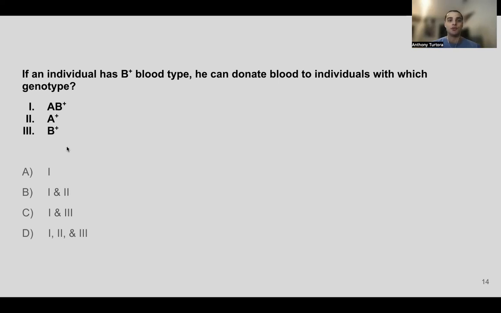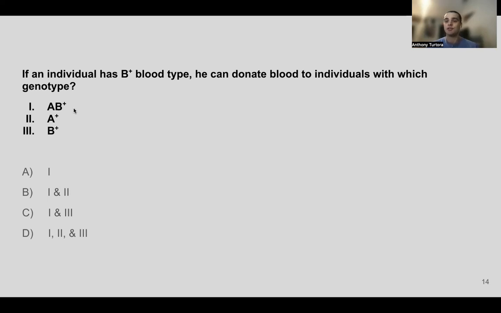If this individual who has B positive blood type donates to an individual with A positive blood type, this will cause a transfusion reaction. The body will reject this new blood because it doesn't have the B antigen, and it will create antibodies to destroy these new red blood cells coming in. Just evaluating 1, AB positive is a universal acceptor because it has all the antigens: A, B, and positive.